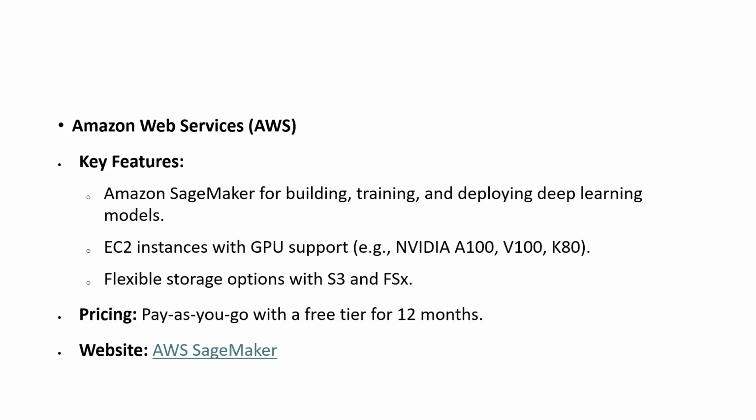So we can build the applications, train the applications, and deploy them using deep learning models. This AWS SageMaker is one of the cloud service providers, of course, which is a paid one.